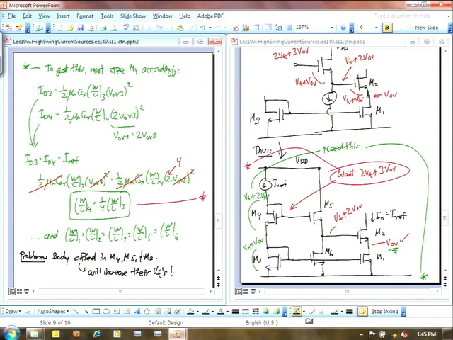What did I do here? And how do I address this sort of thing? Well, I already know that I've designed these devices up here such that if this is a W over L, then this is 1/4 of a W over L right here.